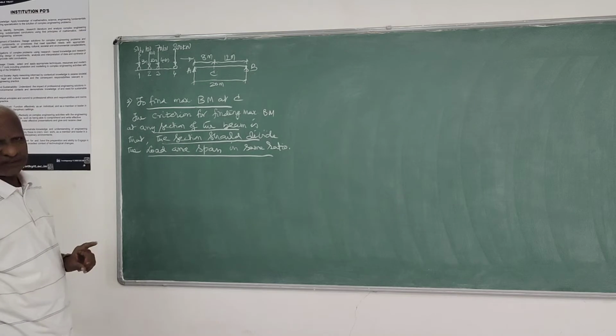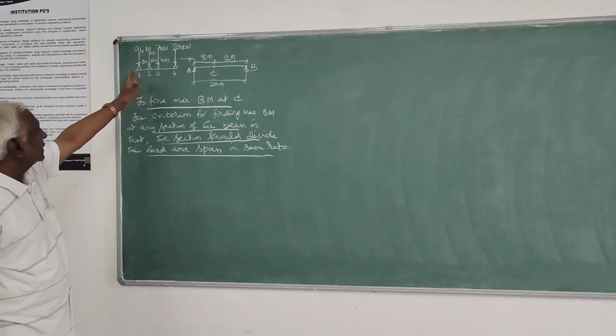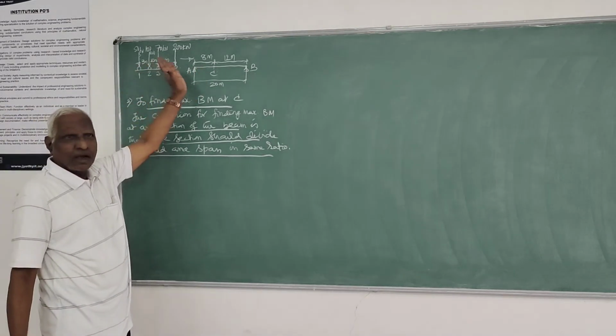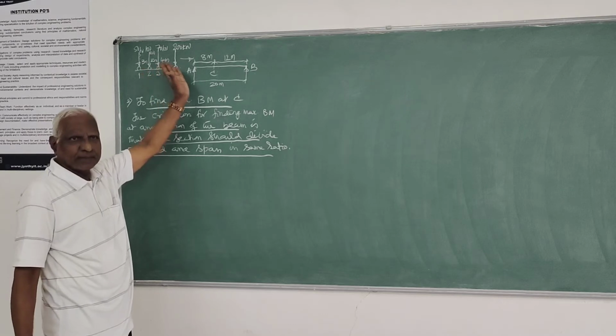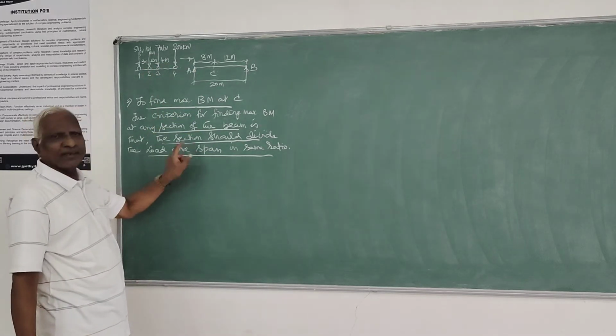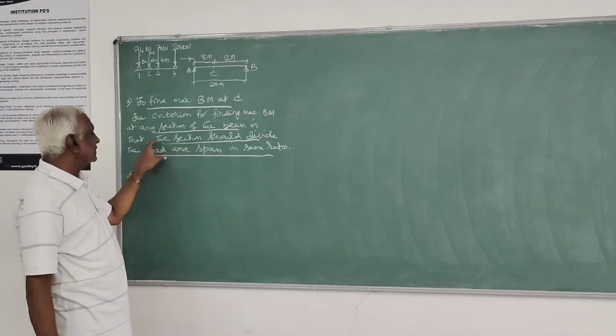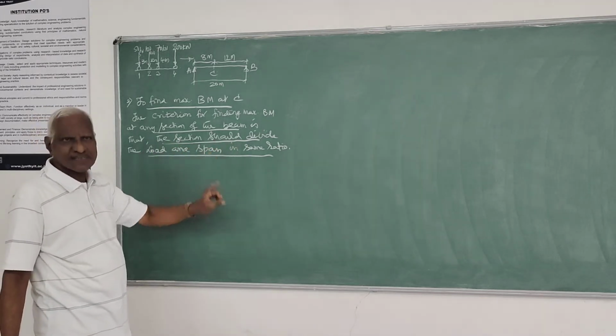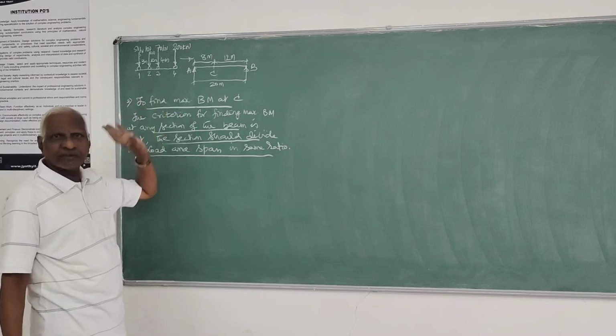In other words, if the average load on the left of the section is equal to the average load on the right of the section, then we can conclude that this criterion is satisfied. So here we adopt that.